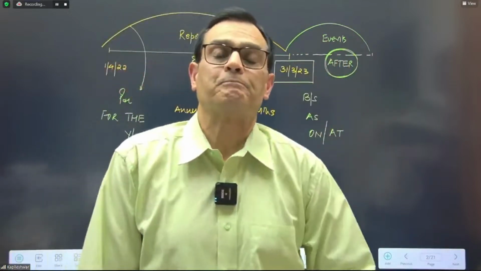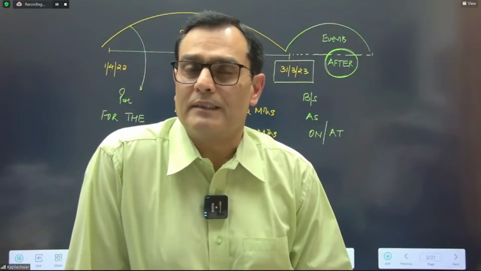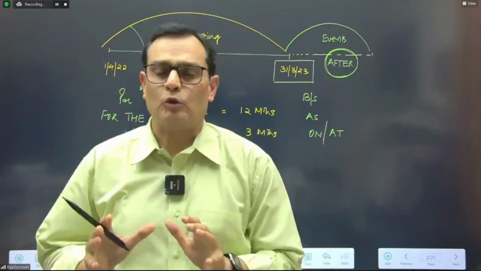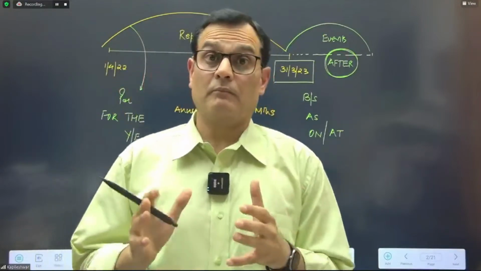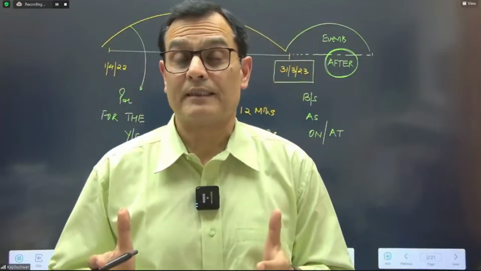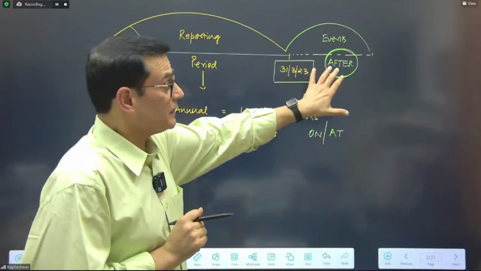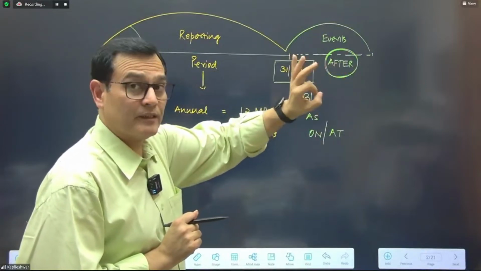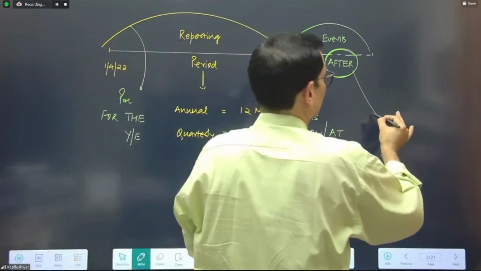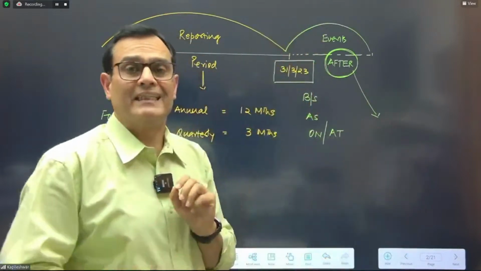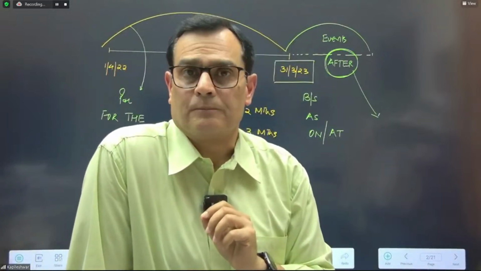Now, let me give you a background, though I think you all know Accounting Standard 4, so I'm not going to spend too much time explaining things. But at the same time, I'm not assuming that you've got a base on the standard. Ind AS 10 focuses on the fact that if there are events after the reporting period, the question arises: do you incorporate them in the financial statements for the year ended March 23 or not?